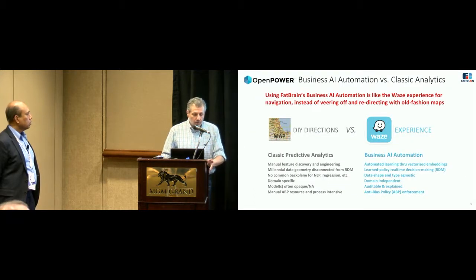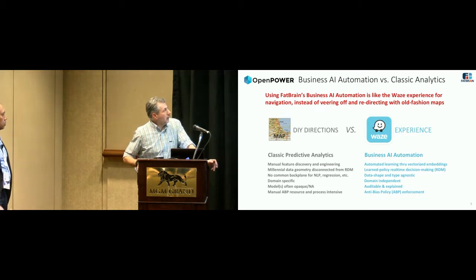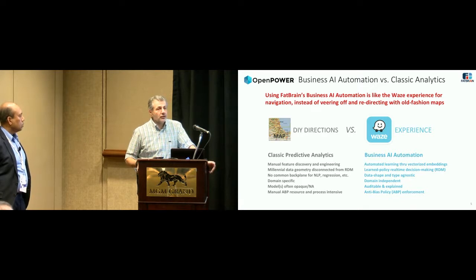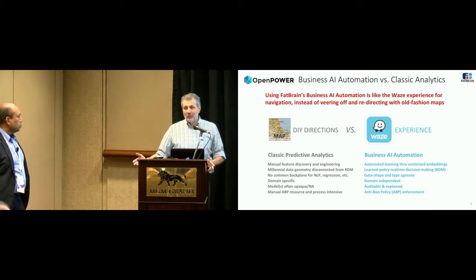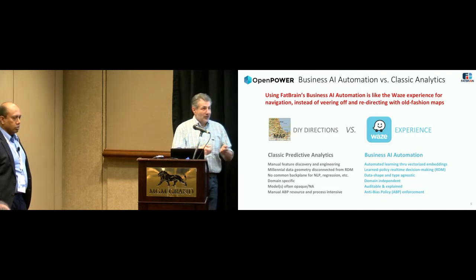This is a high-level view of the differences between predictive analytics, or just analytics, versus the business AI automation experience. The easiest example is, I'm old, so 15, 20 years ago, if you were driving from point A to point B, you had to use a book to find your way there.